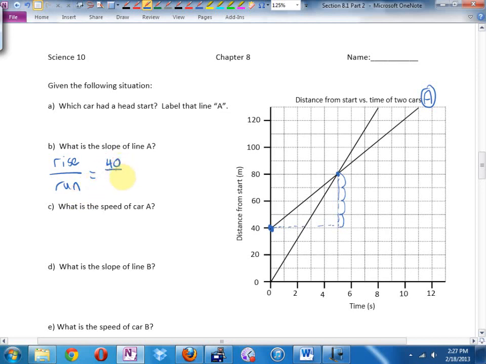What's the run? I don't think horizontally we're going up by 10s. What are we going up by horizontally? Each square is worth, yeah, I marked it with 2s, but what's each square worth? 1. So I think it's 40 over 5. What is 40 over 5 in lowest terms?